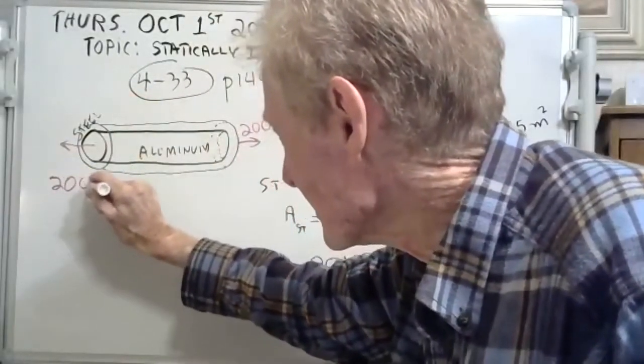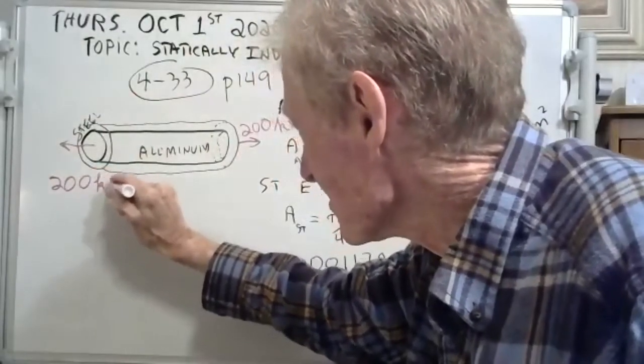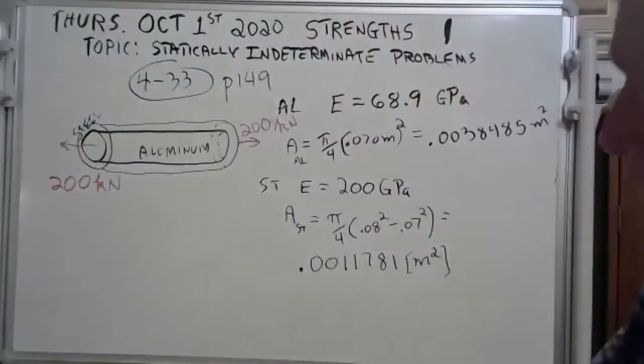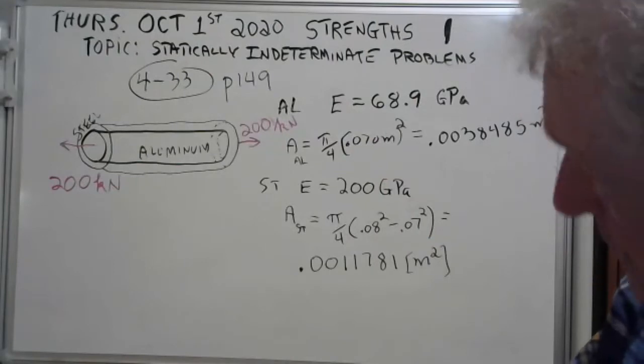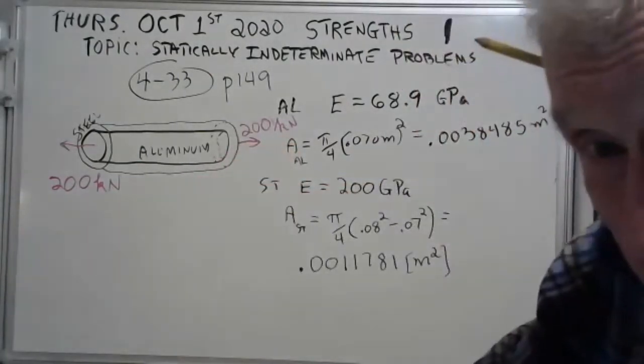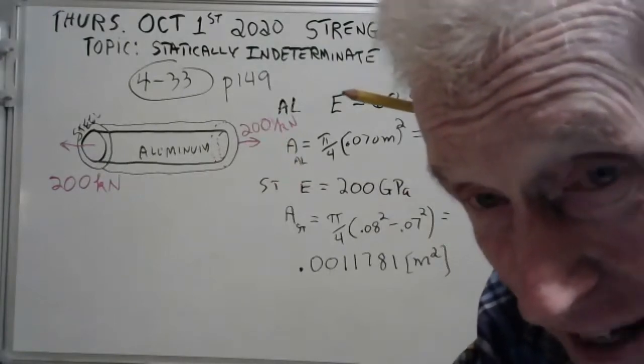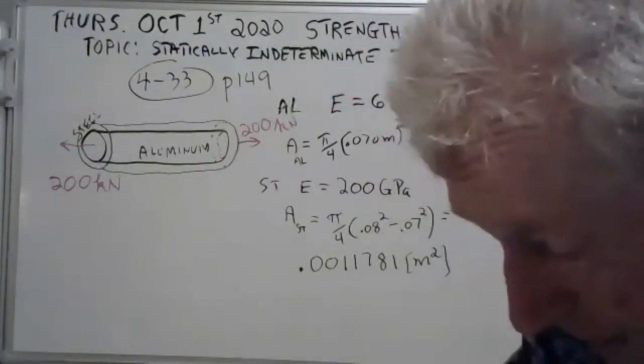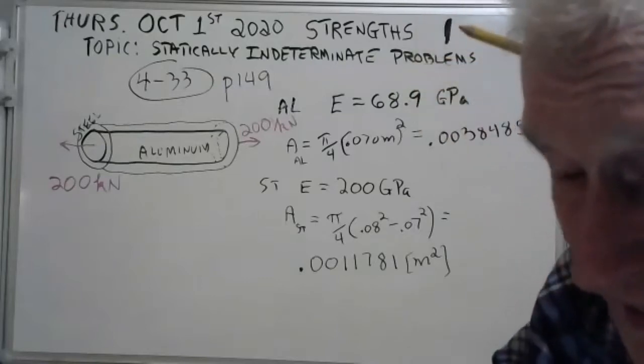Notice the little k. It's not a capital K. Little k stands for kilo.